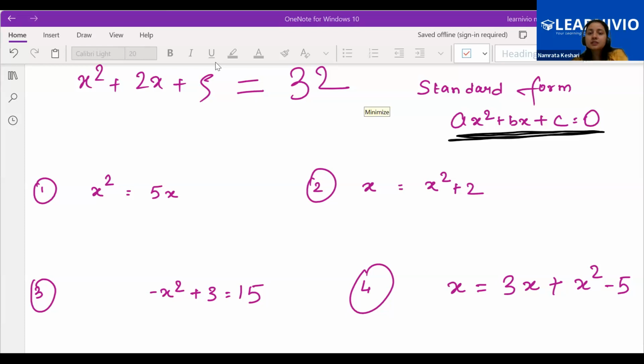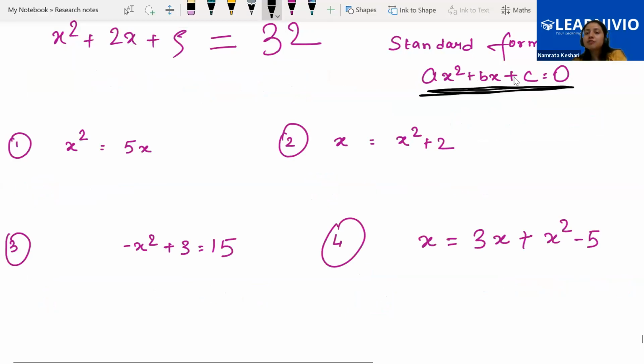Just now I have started and I said that this is the standard form of a quadratic equation, ax square plus bx plus c is equals to 0. Now here we have 4 equations.